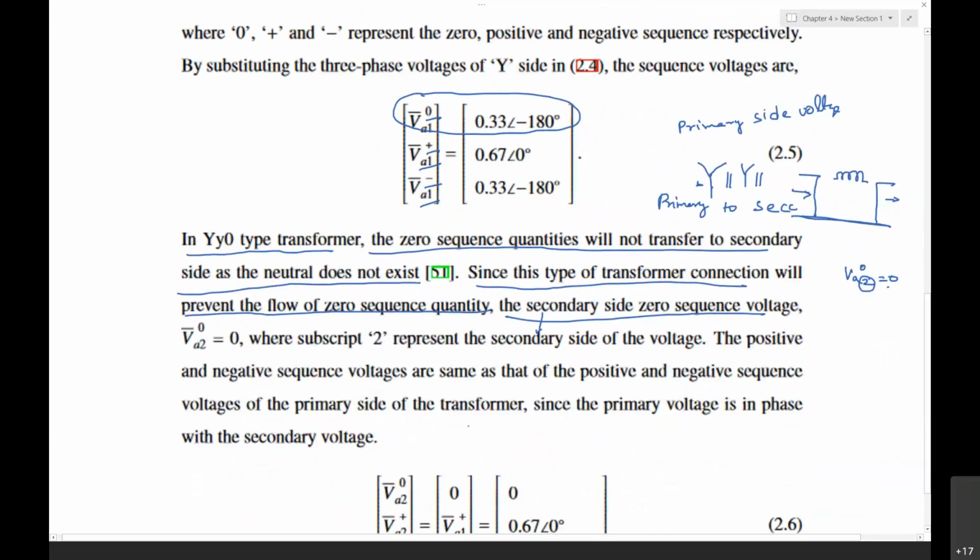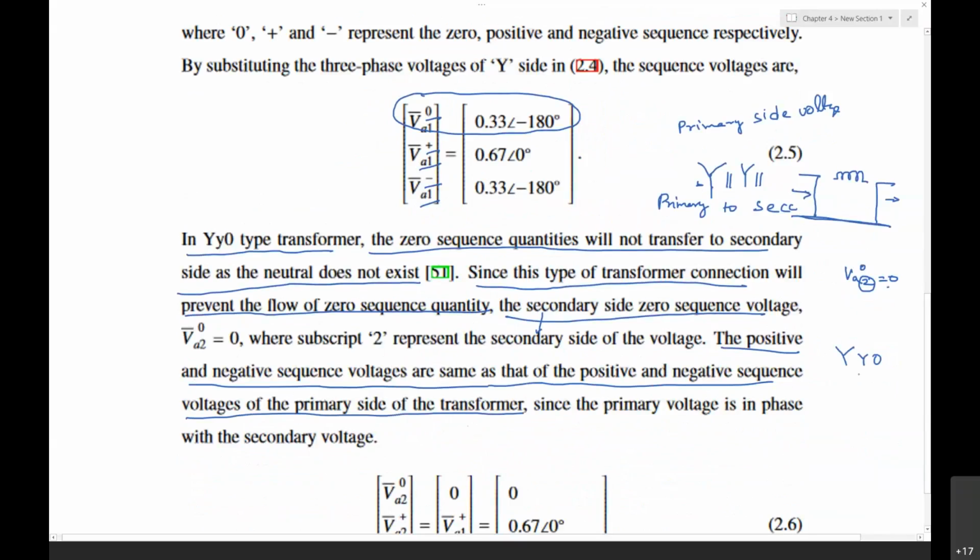Coming back to the positive sequence and negative sequence voltages, they are the same as the positive and negative sequence voltages of the primary side of the transformer, because we have a Y-Y transformer.